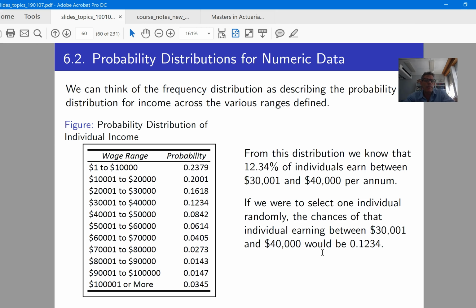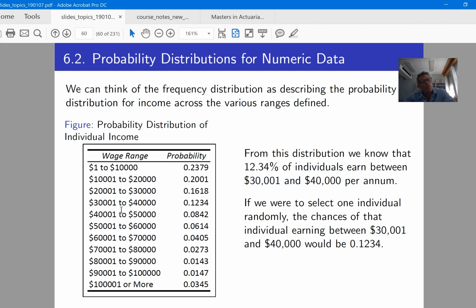If we write them as probabilities instead of as percentages, 0.2379, etc., then that says to us, if we randomly select one individual from this particular sample, the chance of that individual earning, in this case, between 30 and 40,000 would be 0.1234. So that is a probability statement, and so this is a probability distribution.